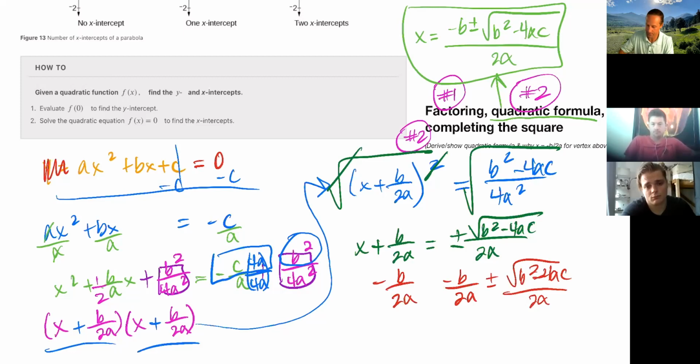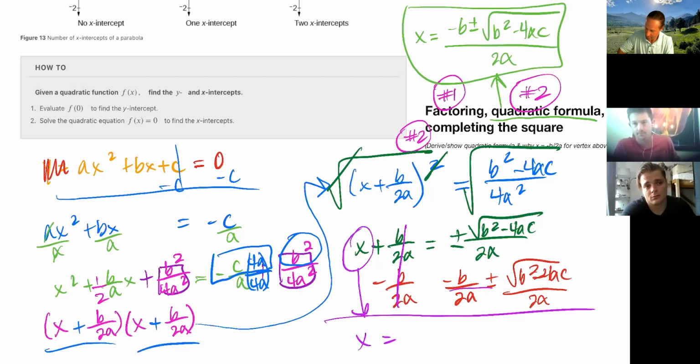Only when what? Common denominator. That's right. And do I have my common denominator? Yes. It is a 2a. What's left on top? Negative b plus or minus the square root of b squared minus 4ac.